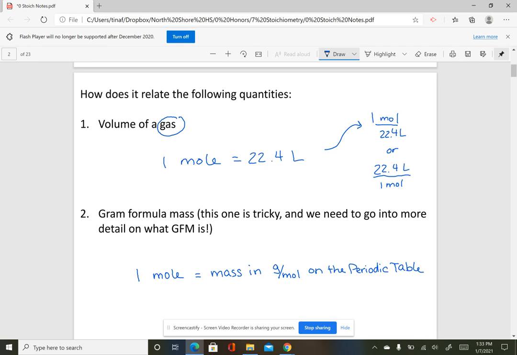If you have a single carbon atom, that carbon atom will weigh 12 AMUs, 12 atomic mass units. That number also stands for if I have a mole of carbon atoms, if I have 6.02 times 10 to the 23rd carbon atoms, that pile of atoms will still weigh 12, but it'll weigh 12 grams. So we can look at the periodic table and whatever that number is, that's the equivalent to 1 mole of that element.